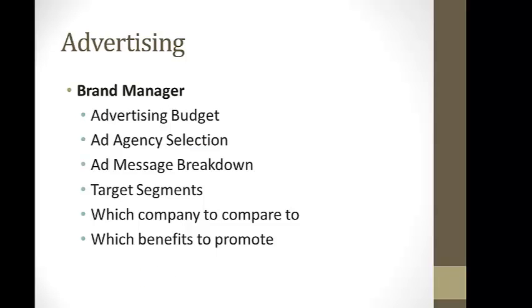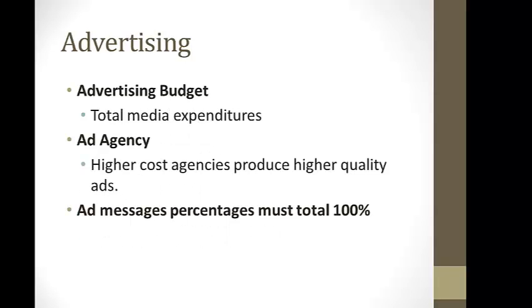The brand manager is going to have the advertising budget, agency selection, ad message breakdown, target segment breakdown, which companies to compare your advertisements to, and which benefits to promote for your advertisements. Some key terms to look at are the advertising budget, which is total media expenditures. For the ad agency, a higher cost agency produces higher quality ads, and ad message percentages must total 100%.